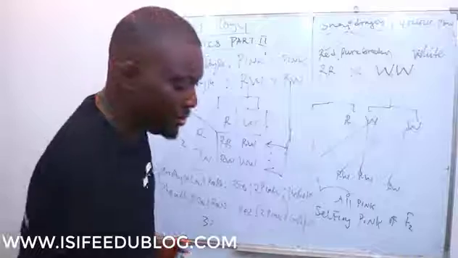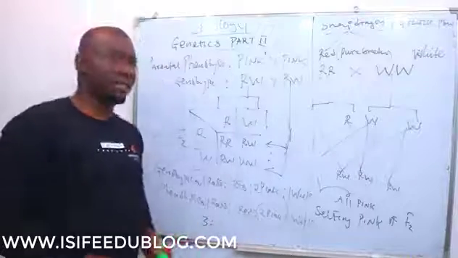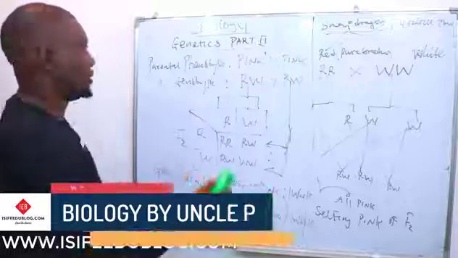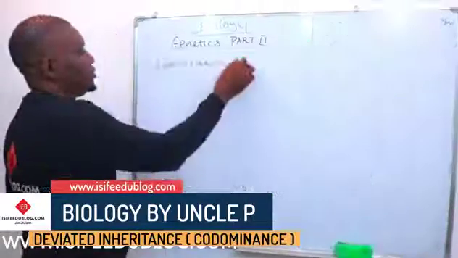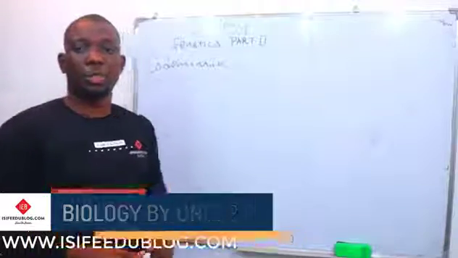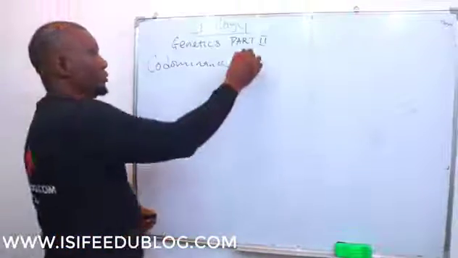And then the second inheritance fashion that deviates from Mendelian's principle was codominance. An example of codominance is shown in the human ABO blood group.